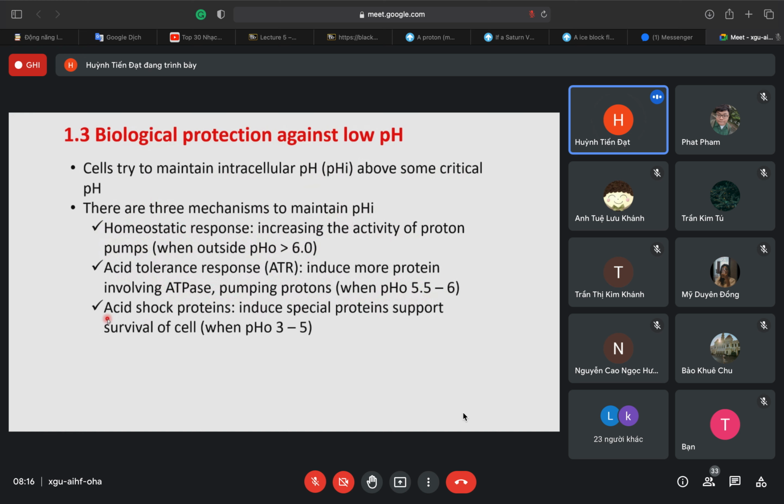Okay, the next mechanism is that they can try using the acid shock proteins. So they can induce special proteins that support the survival of the cell when the outside pH is very low, around 3 to 5. So right now, can you guys guess, for this state, does the growth rate increase or decrease?